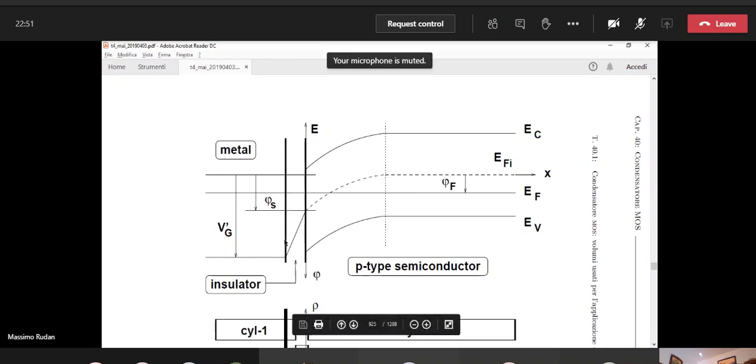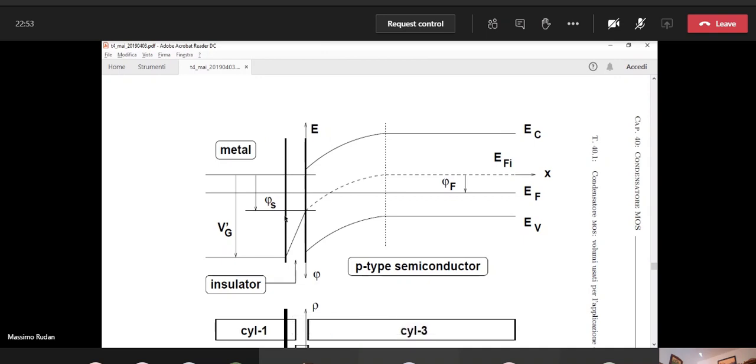The thick vertical line is the interface between the metal layer on the left and the insulator. Then we have the insulator as indicated here at the bottom.